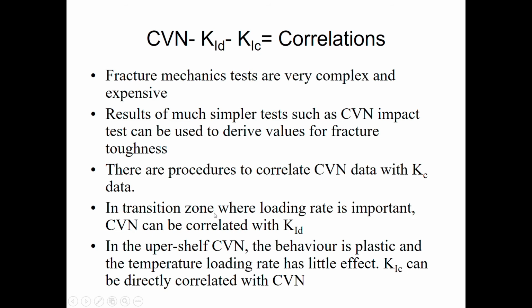In the transition zone, where loading rate is important, CVN can be correlated with K1D. In the upper shelf CVN, the behavior is plastic and the temperature loading rate has little effect. K1C can be directly correlated with CVN.